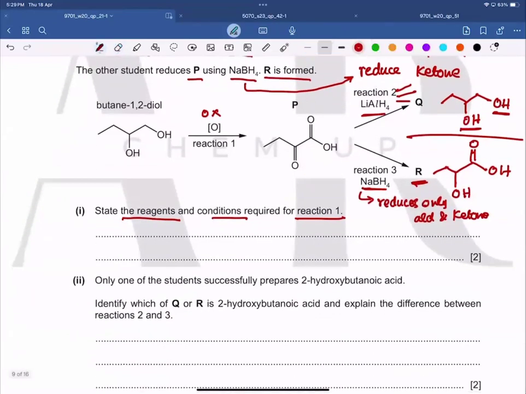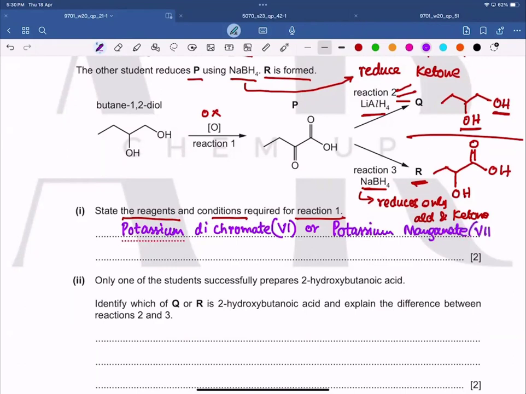Now the reagent for reaction 1, as we have figured out it's an oxidation, so the reagent would be potassium. No, you don't write acidified because acidified is the condition. See, they have asked you reagent and conditions. So you will write either potassium dichromate(VI), or the other reagent would be potassium manganate(VII).